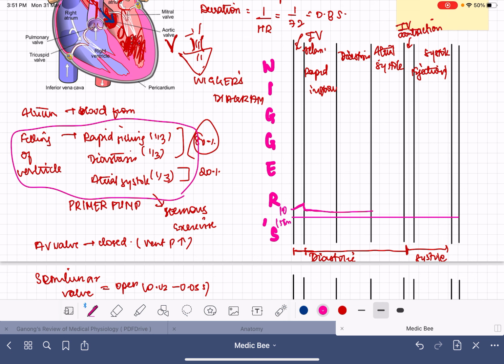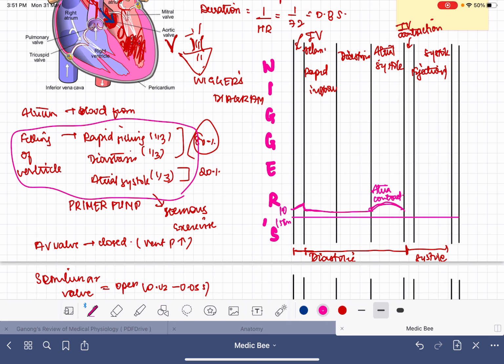But once the atrial systole has happened, it will rise a small amount, because at this point the atria are contracting. Atrial contraction gives this small pressure. After that, the pressure increases again, because in the isovolumetric contraction period the ventricles are contracting.